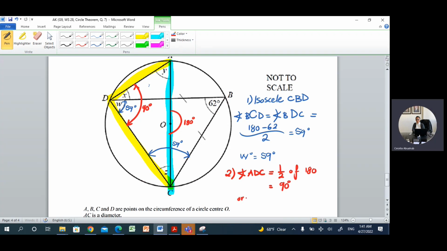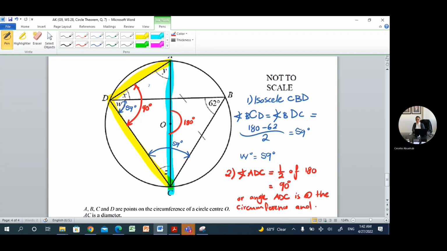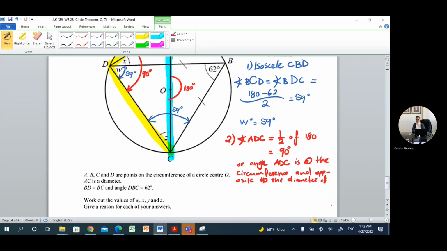Or the reasoning: angle ADC is at the circumference and opposite to the diameter of the circle.